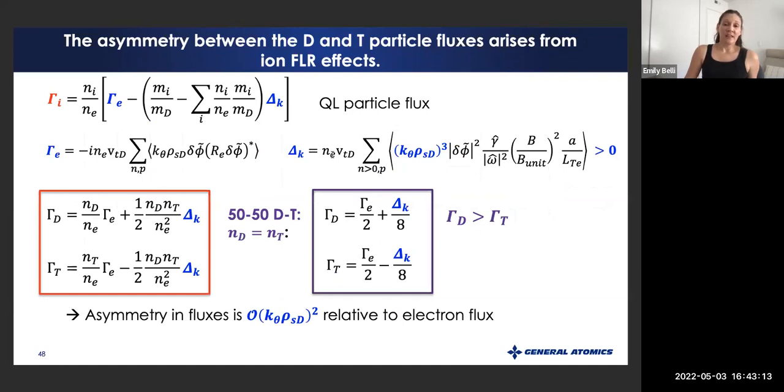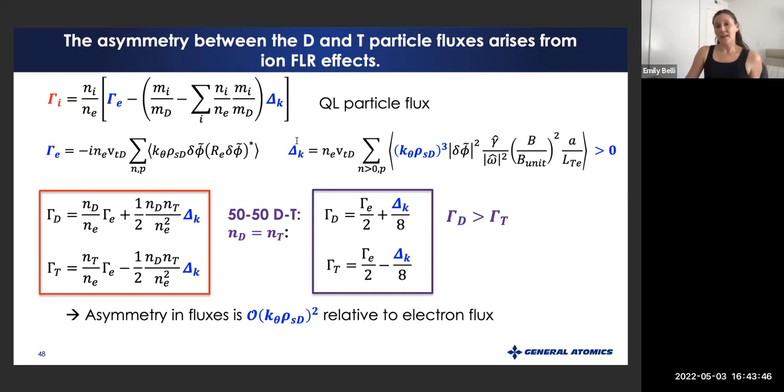So we can derive an analytic quasi-linear theory for the ion particle fluxes for general electron dynamics that predicts this asymmetry. I won't go through the derivation here, but rather just show the final result for the ion particle flux that we write in terms of the general electron particle flux and a very complicated factor, delta K, that depends on the fluctuating potential delta phi, the linear growth rate gamma, and the electron temperature gradient scale length A over LTE.